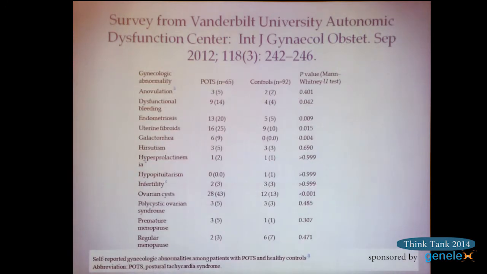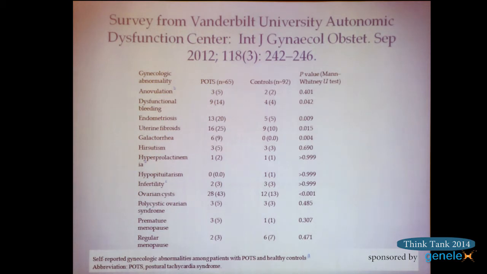We also know that patients with POTS seem to have more associated GYN issues than patients who do not have POTS. They have more issues with dysfunctional uterine bleeding, more endometriosis, more incidence of fibroids, more galactorrhea, and then ovarian cysts.